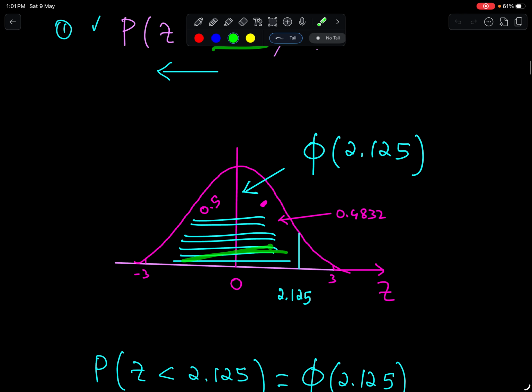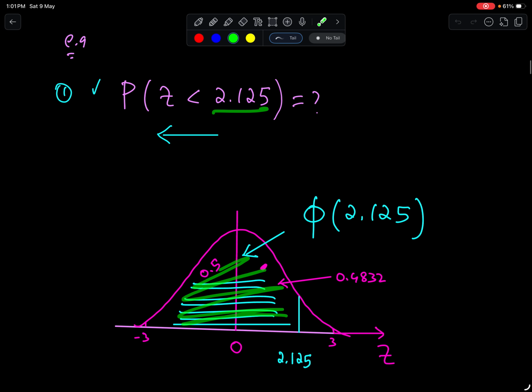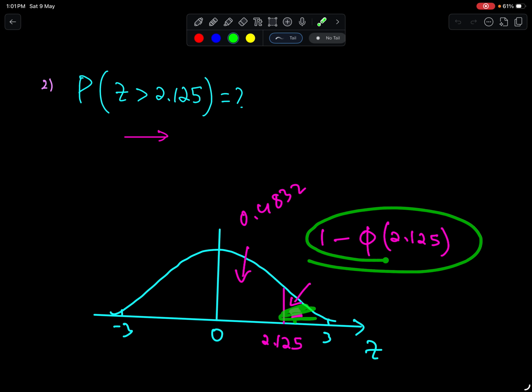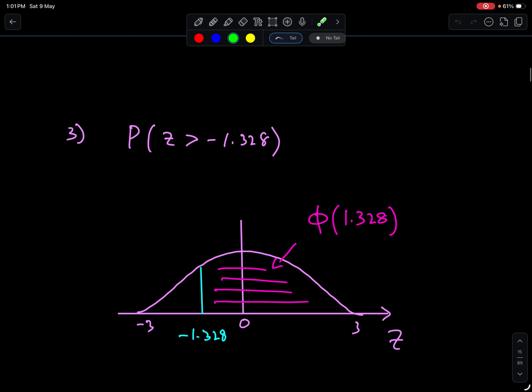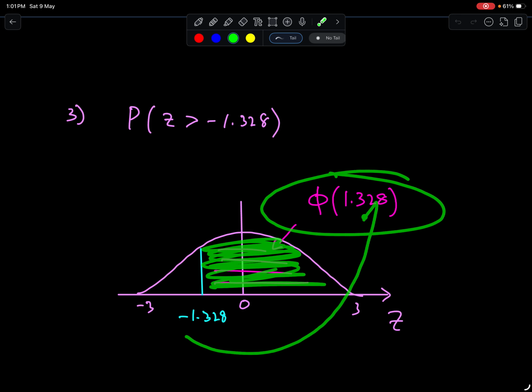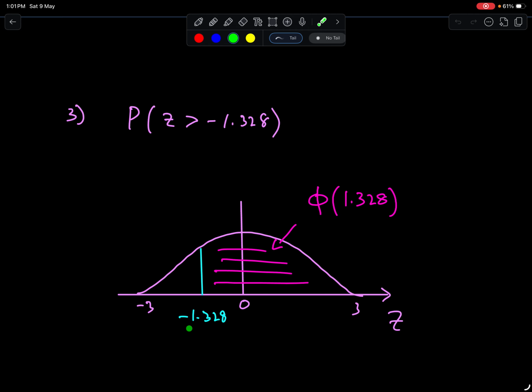Large area 1 minus phi, this letter is here. .125. So we need this area, right? So this should be phi, large area. This area is 1 minus phi. This area, large area, so phi. Since we have a numerical value, a known value, we don't take the negative sign here.